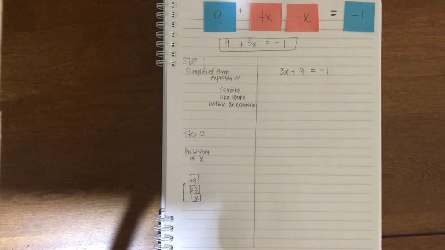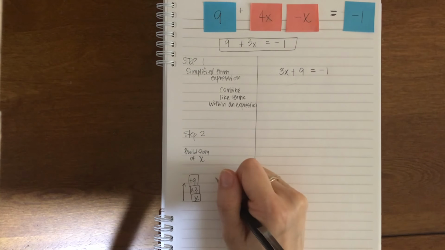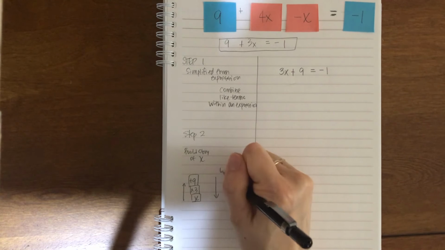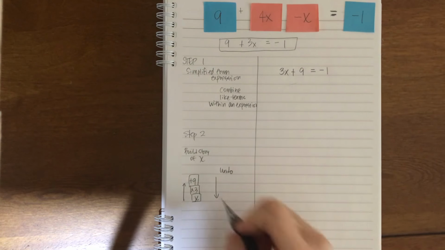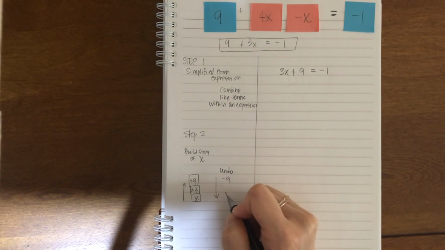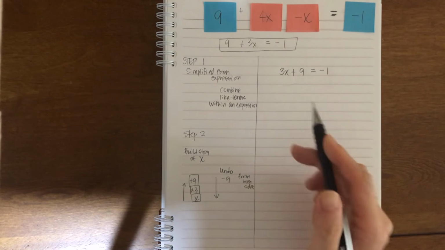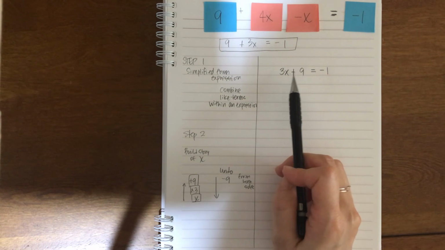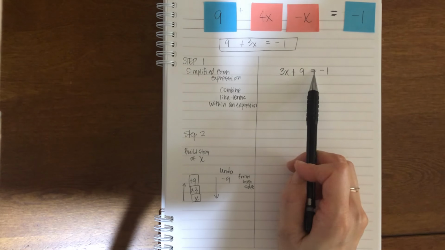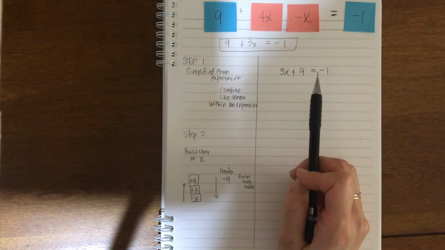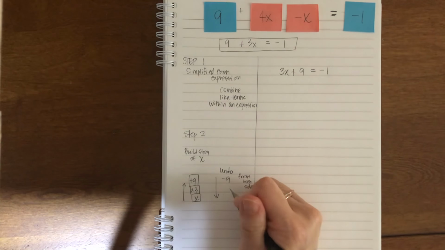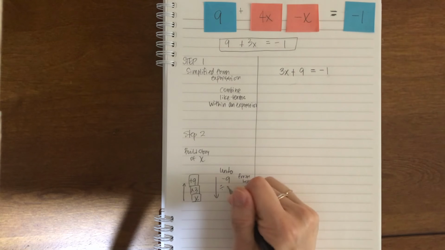And then to undo it, we would subtract 9 from both sides, remember? Because if we want to isolate, we want to undo it, but the equal sign demands that whatever we do to this side, we do to the other side. And we're going to divide by positive 3, and then we'll be able to solve for x.